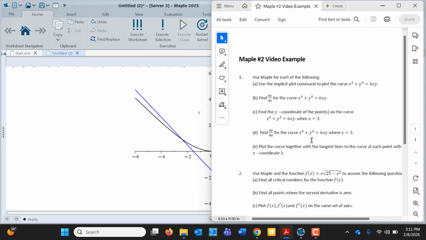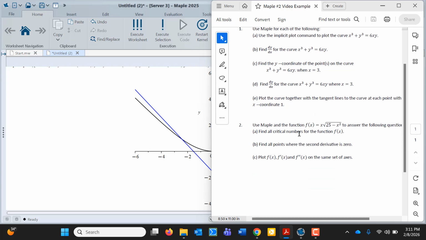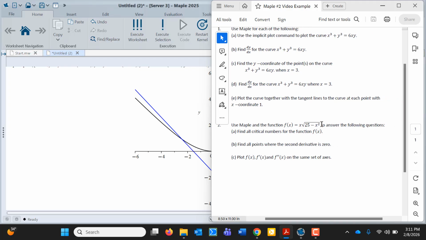Okay, next up. Now we're going to work with an actual function this time. So f of x equals x times square root of 25 minus x squared. And we're going to use Maple to find the critical numbers of that function.